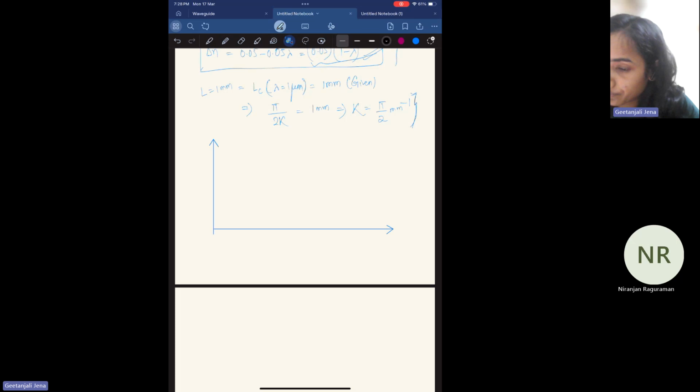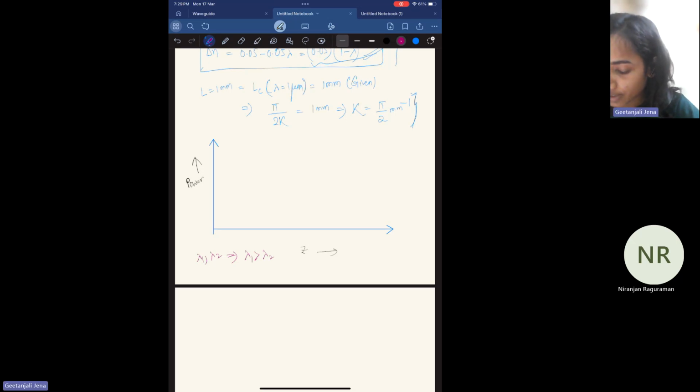This is power versus Z. If there are two wavelengths that need to be multiplexed or demultiplexed, let us say lambda 1 and lambda 2, and let us take lambda 1 greater than lambda 2.